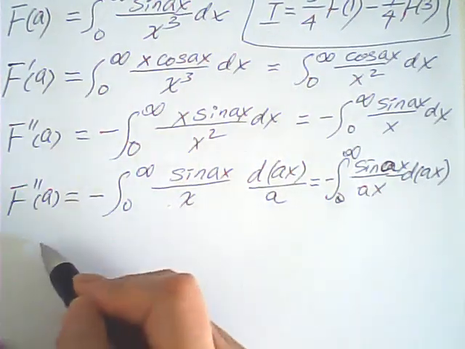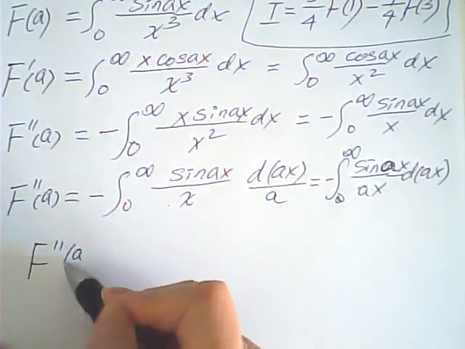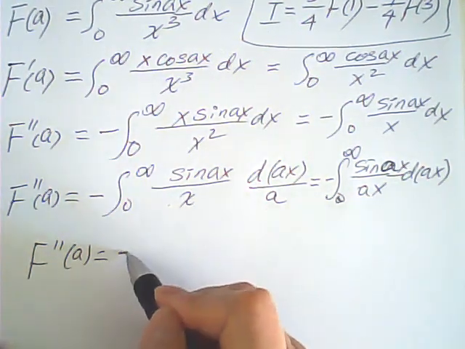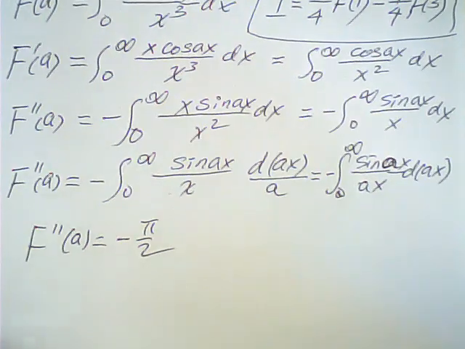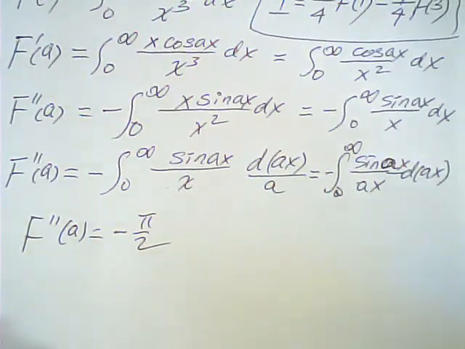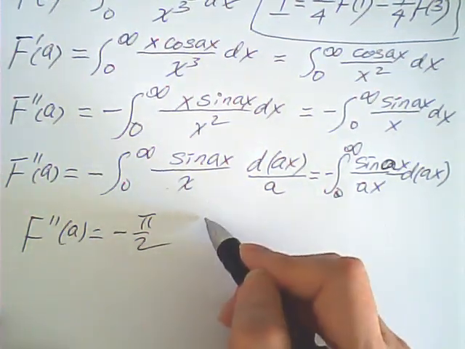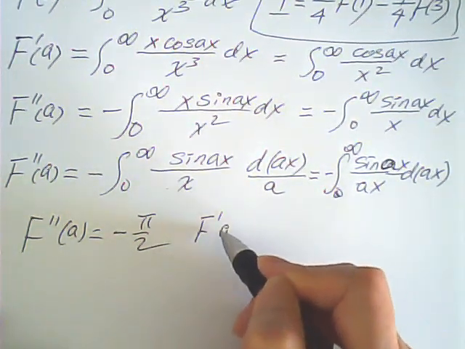Therefore, this simply means a Dirichlet integral, so this is half pi. Once we have this one, everything is good.